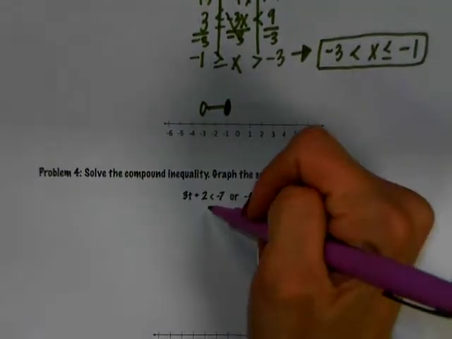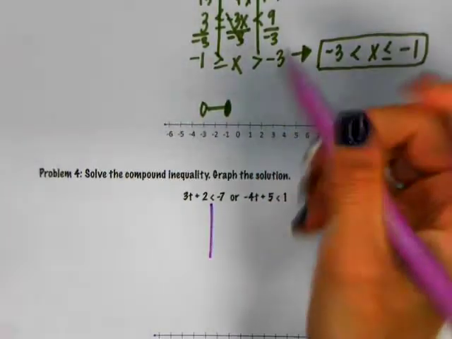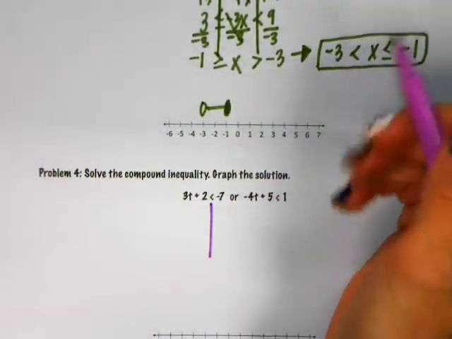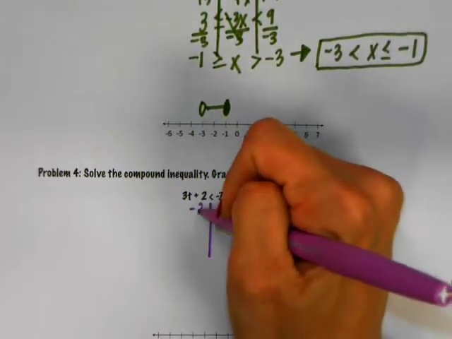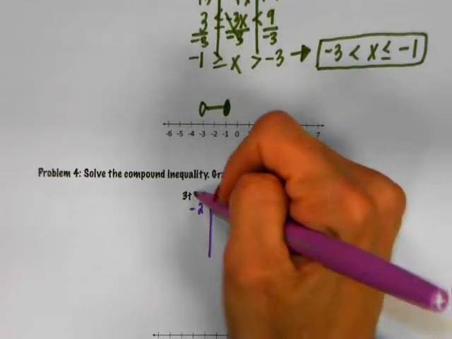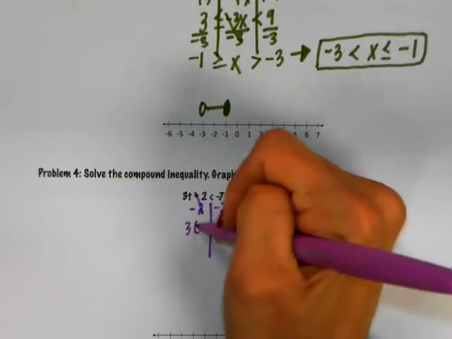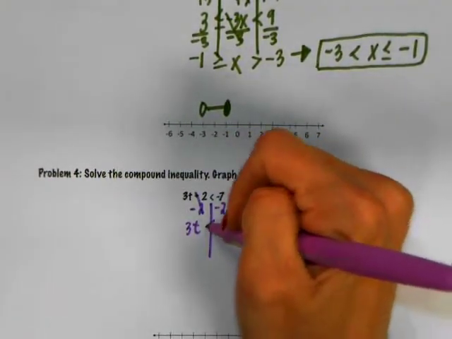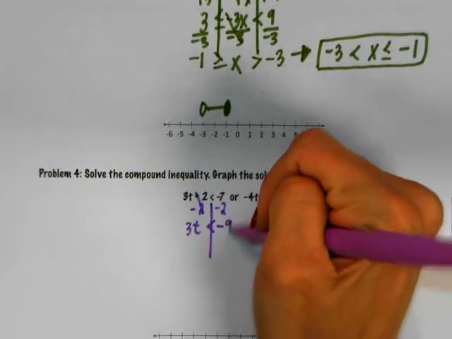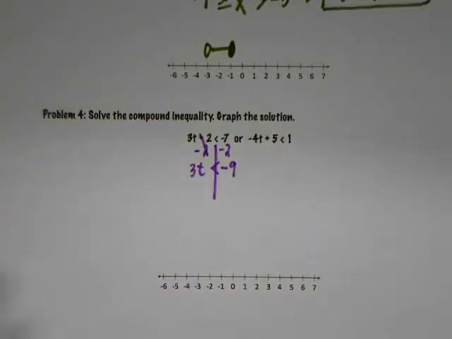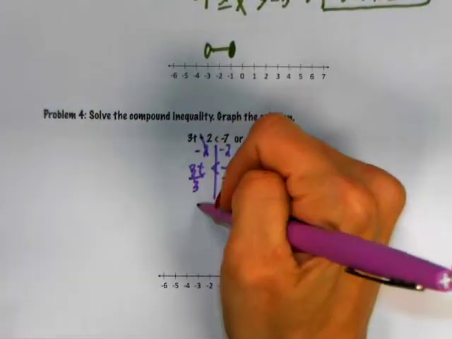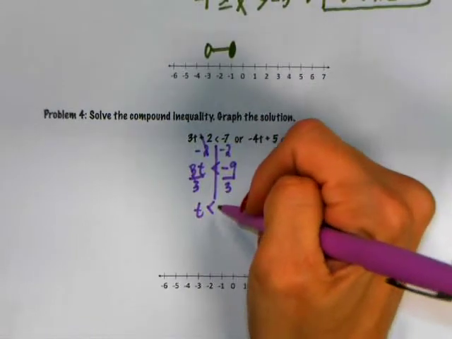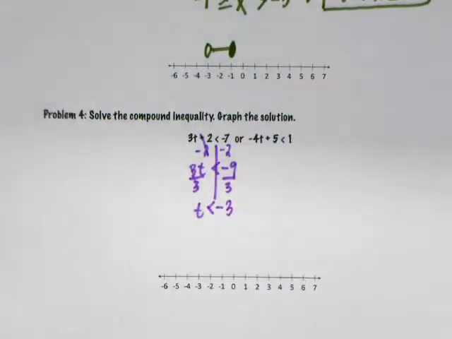So solving this first one, what would I do first to solve that one? Subtract 2. Yep, subtract 2. So you have 3t is less than -9. And then what next? Divide by 3. So you get t is less than -3.